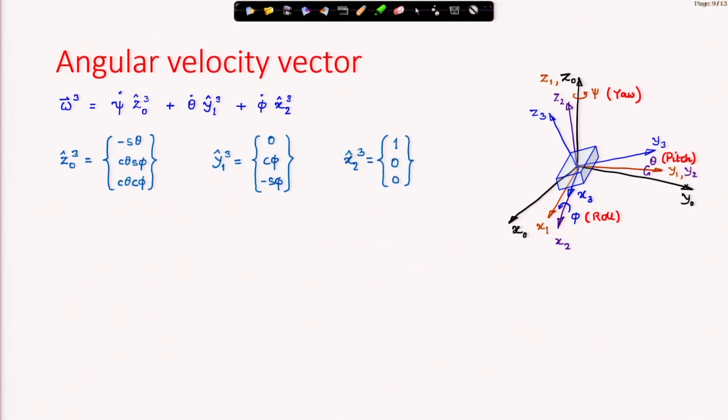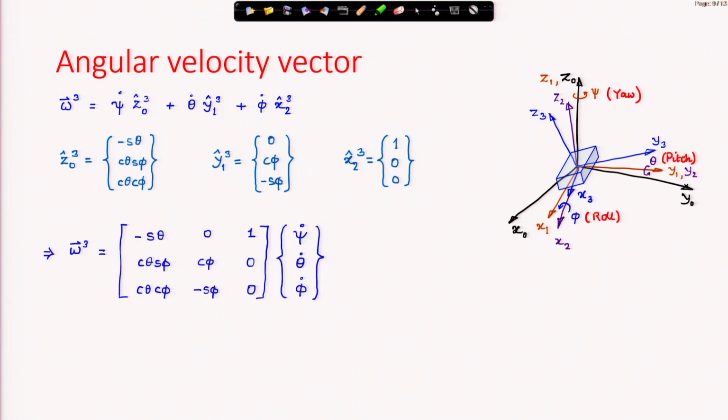Now, our task is straightforward. We have to just substitute these expressions in the angular velocity expression, which is written as the first equation here, and what I have done is substitute them and pull out the yaw pitch roll rates as a column.